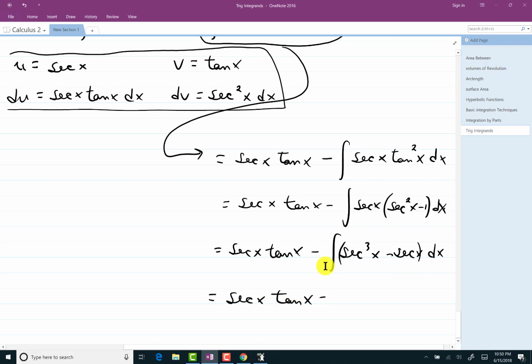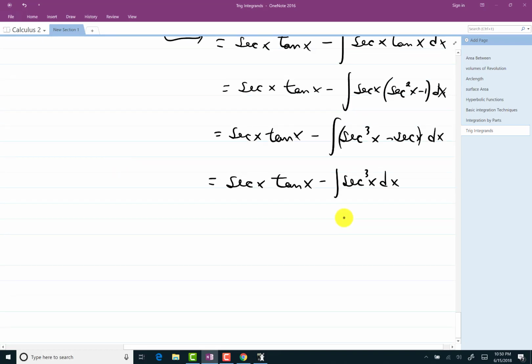I'm going to split this integral up. Now, we're trying to find this integral. Let me put it back over here. The original problem was secant cubed of x dx. So what I'm going to do is add this integral to the other side.